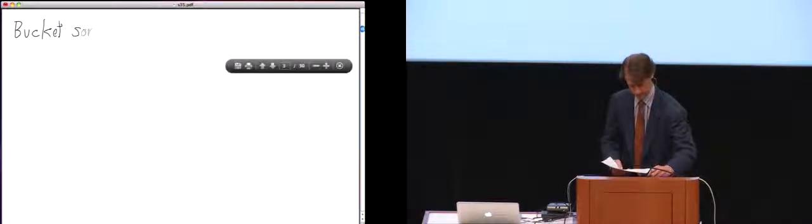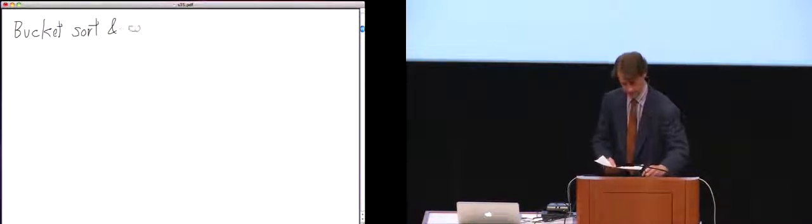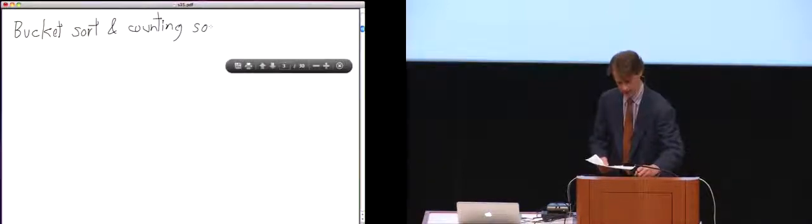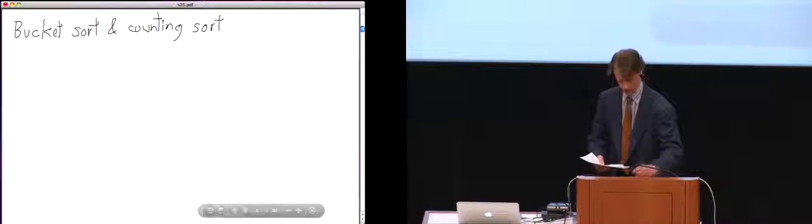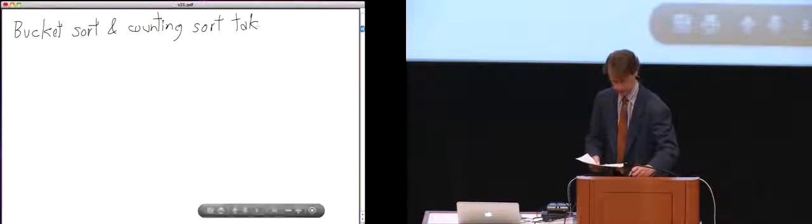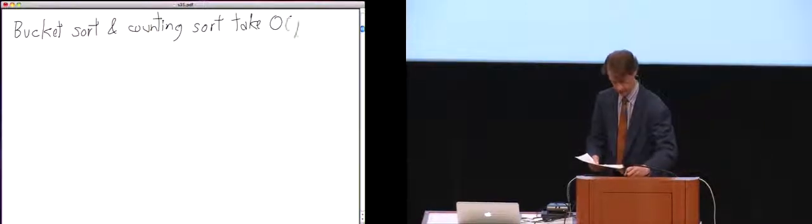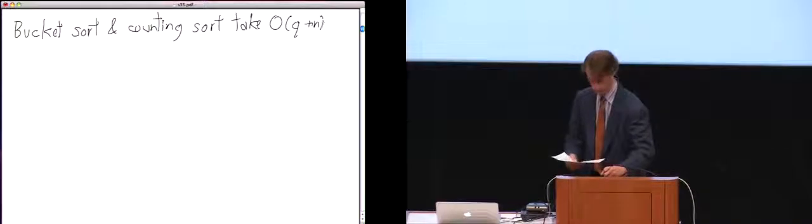So let me write this down for y'all. So we're talking about running times here. And bucket sort and counting sort are both essentially the same in their behavior with respect to running times. They both take big O of q plus n time.